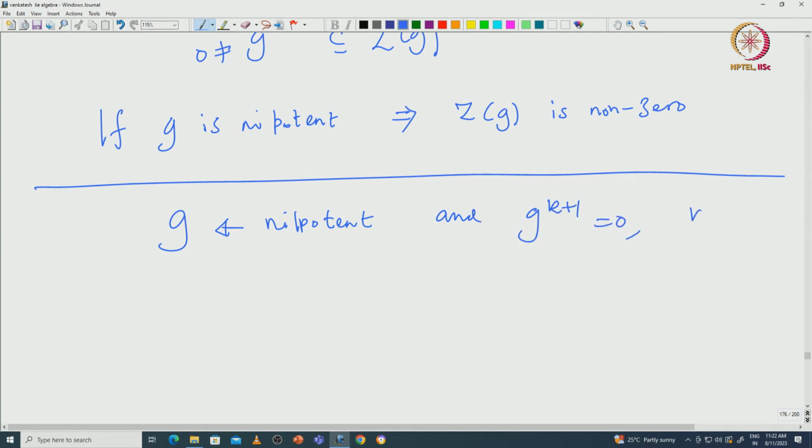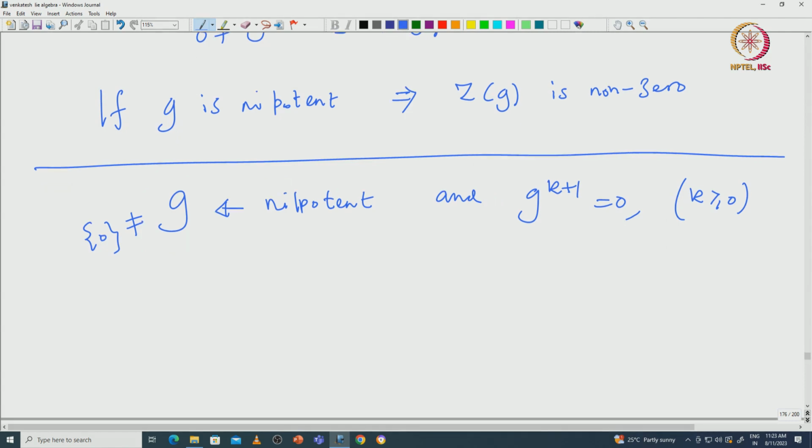Okay. So, I can assume k is greater than or equal to 0. You start with G being a non-zero space. If G is 0, then there is nothing to worry about. So, then I can choose k such that G^(k+1) is 0.